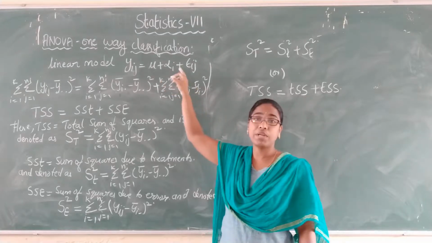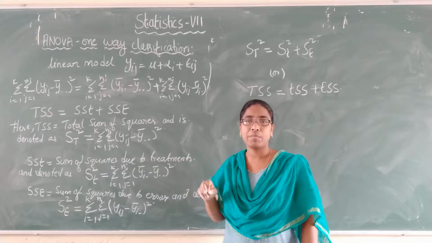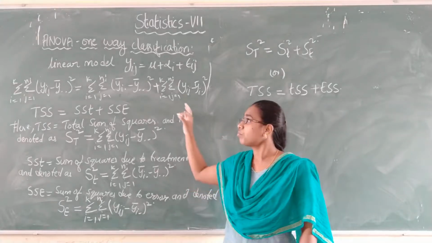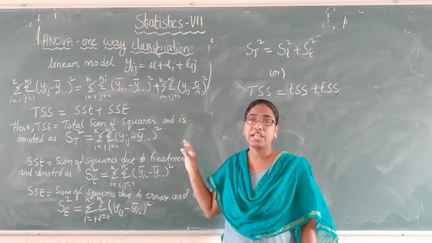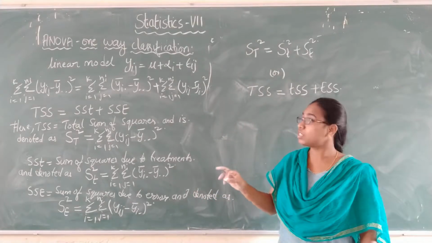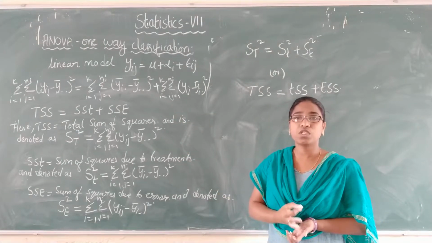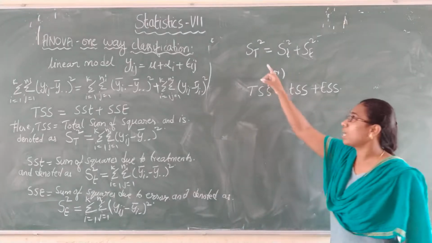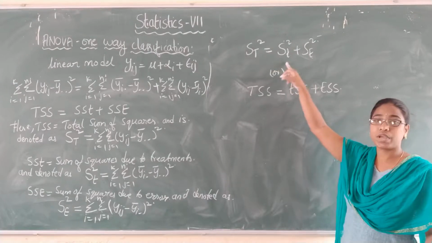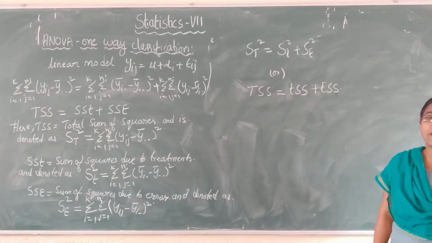Since we have two parameters, we estimated those two parameters and substituted them in the linear model. Then for that linear model we took squaring and summing on both sides to partition the sum of squares, so that the total sum of squares equals the treatment sum of squares plus the error sum of squares, whereas error equals total minus treatment.